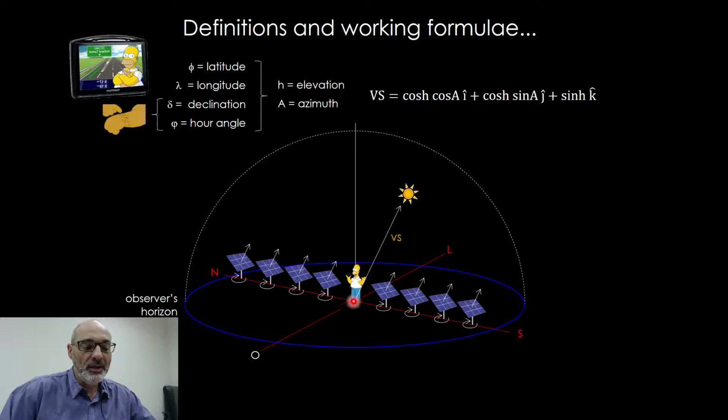I have my observers here, and as I mentioned, I have to point my reflectors to the sun at a given time of the day, at a given day of the year, and for that particular position on the globe. So I need the solar vector. What I can do for this is, for instance, get a GPS chip.